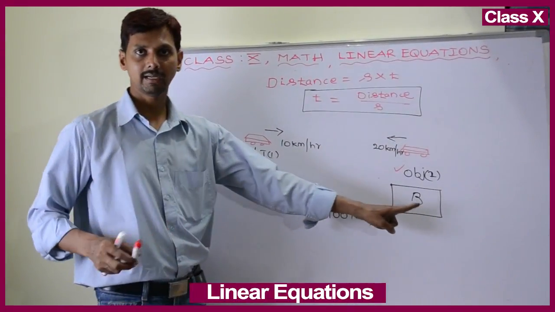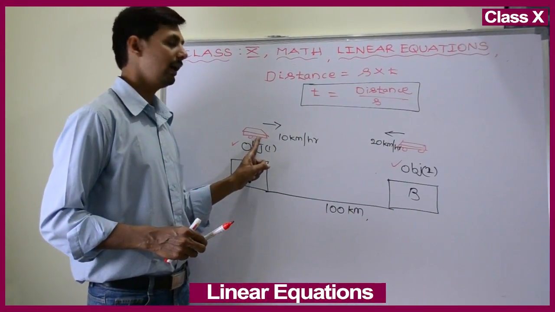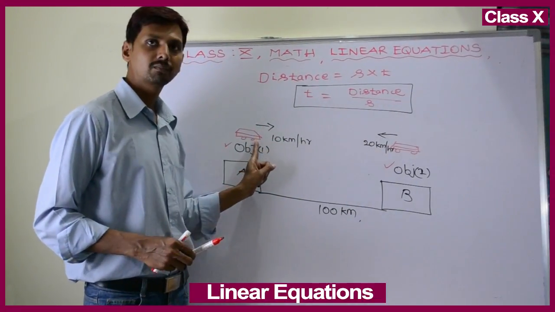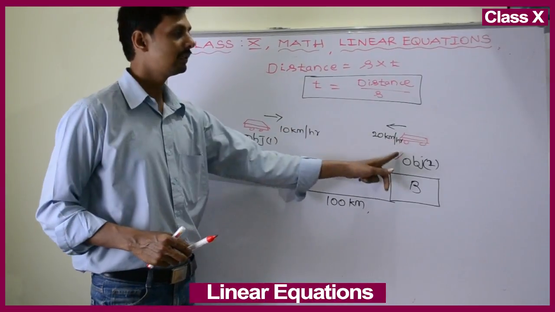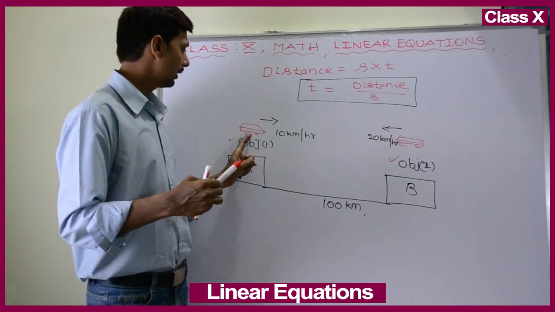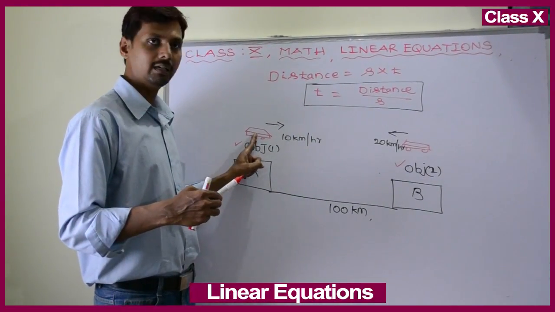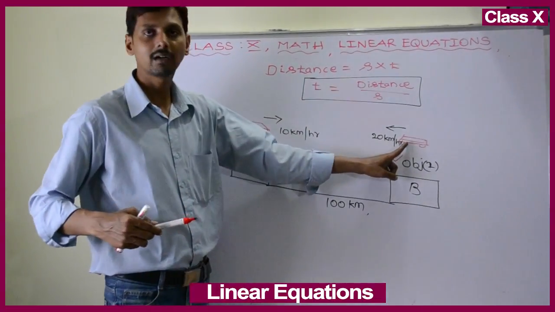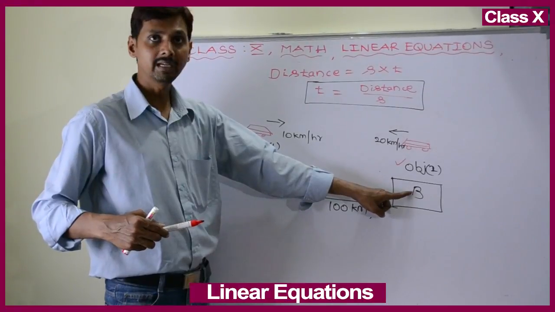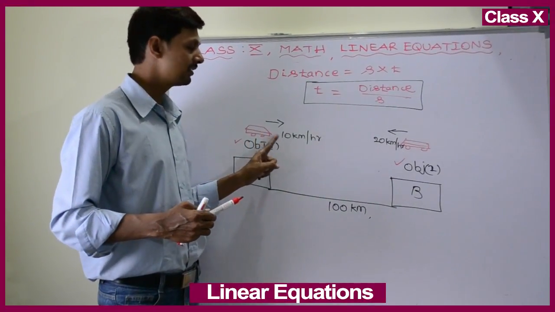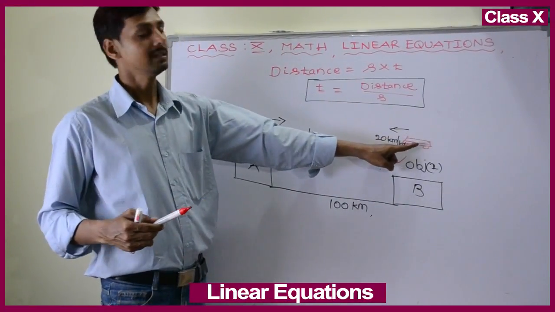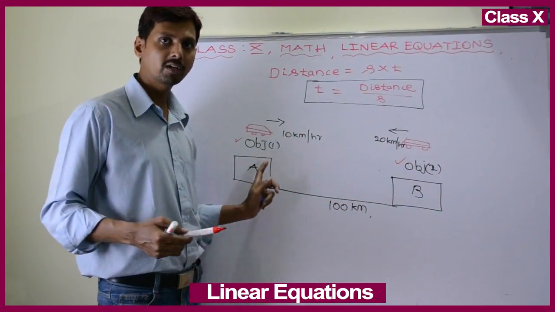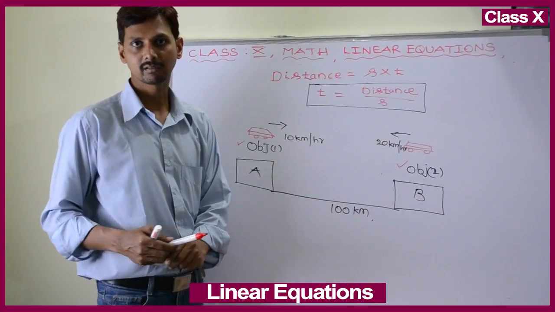There are 2 points A and B. The 2 cars are starting from these 2 points and traveling in opposite directions. The first car started from point A, and the second car started from point B. The speed of the first car is 10 km per hour and the speed of the second car is 20 km per hour, and the distance between point A and B is 100 km.